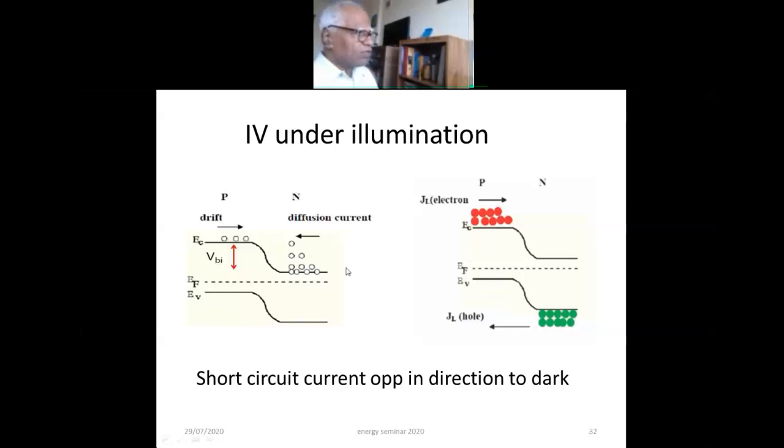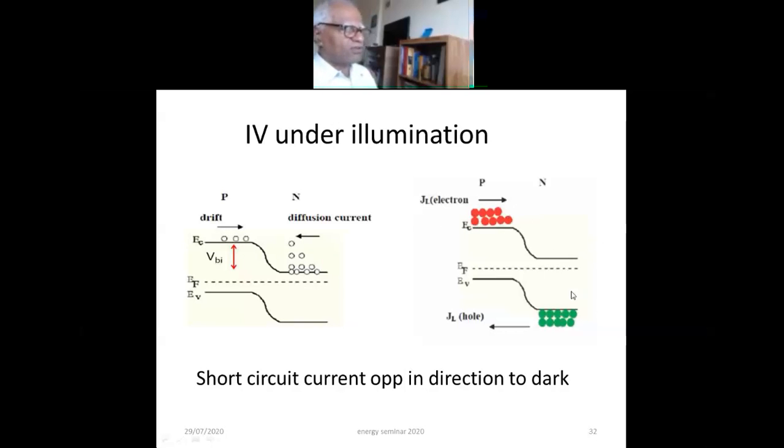Okay, so now you see what happens. This current, if I short this, I will get a current, because the diffusion current, which is trying to go from right to left, is still the same, but now the number of carriers has increased tremendously, and so this current will increase.